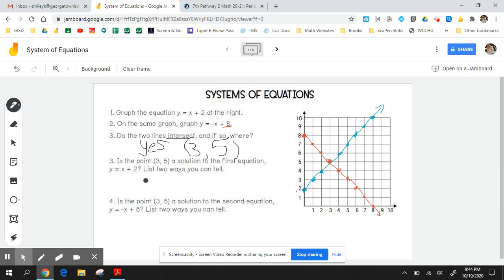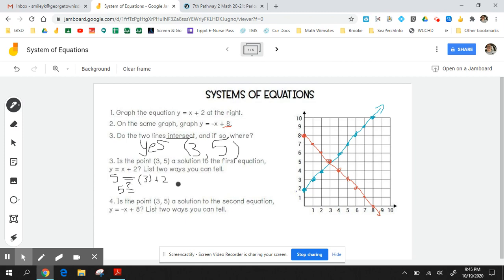Is the point 3, 5 a solution to the first equation? How can we decide that? Remember, this is x, y. We can plug that in. The y is 5. Does it equal 3 plus 2? We could even put a little question mark, considering it.